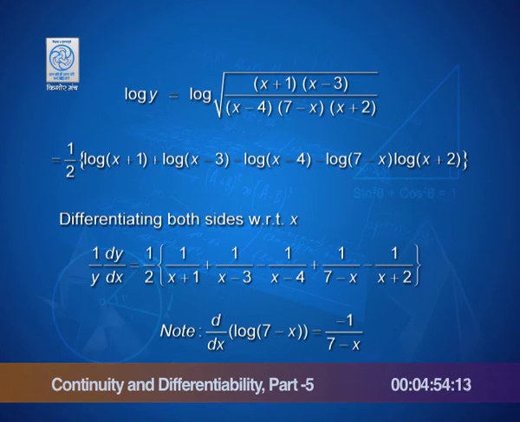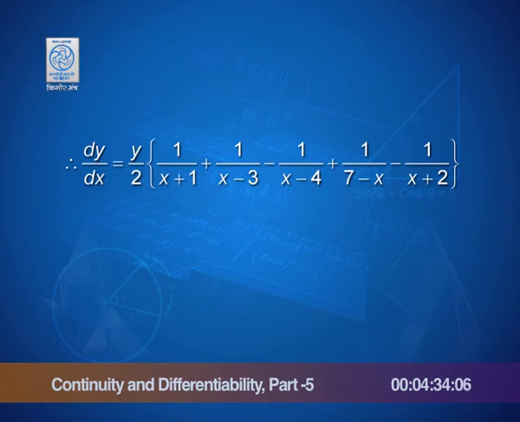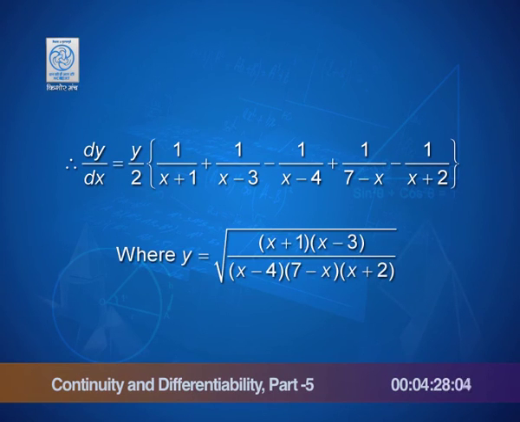So, when I take the derivative, it will be 1 by 7 minus x into the coefficient of x, which is minus 1, and therefore, I get a positive sign there, minus 1 by x plus 2 as the derivative of log of x plus 2, and your problem is done. You just have to now rewrite your dy by dx by transposing y to the other side and just complete by saying what that y was.